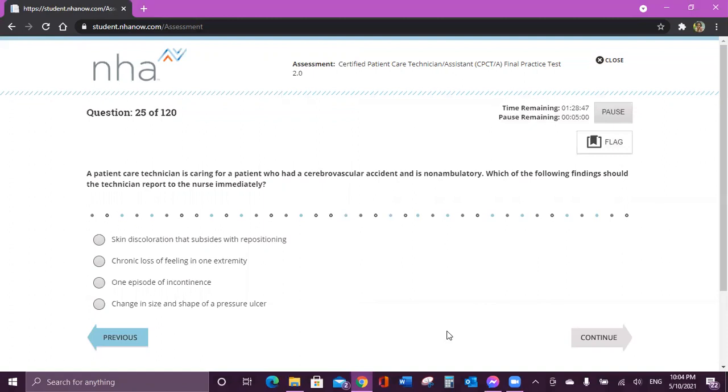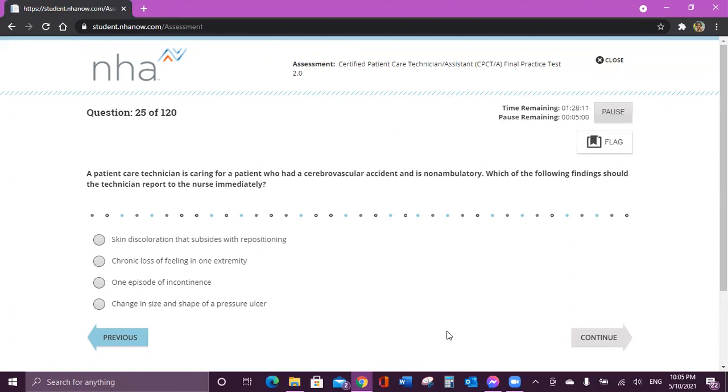A patient care technician is caring for a patient who has a cerebrovascular accident and is non-ambulatory. Which of the following findings should the technician report to the nurse immediately? A skin discoloration that subsides with repositioning. A chronic loss of feeling in one extremity.